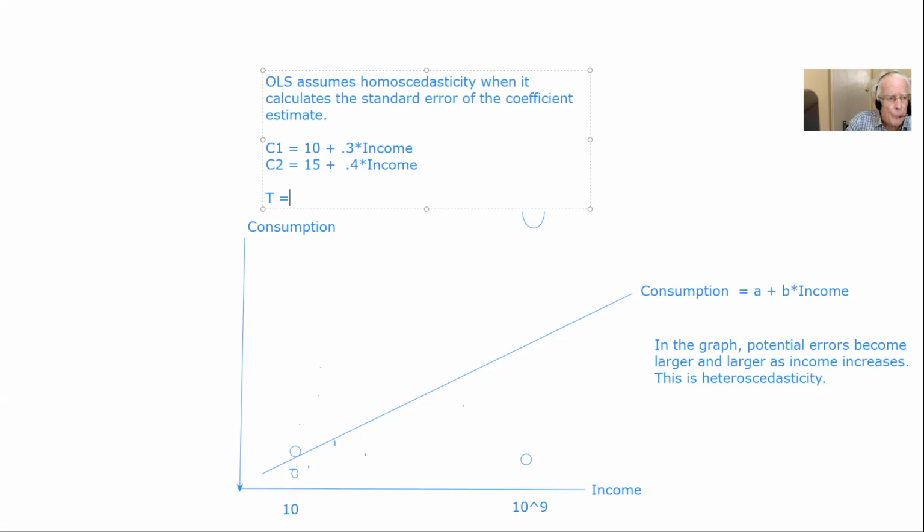So the t-value is the coefficient estimate divided by the standard error of that estimate.